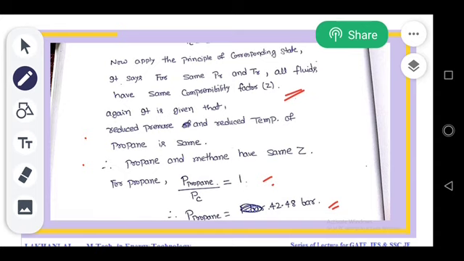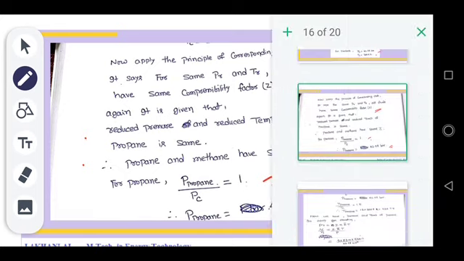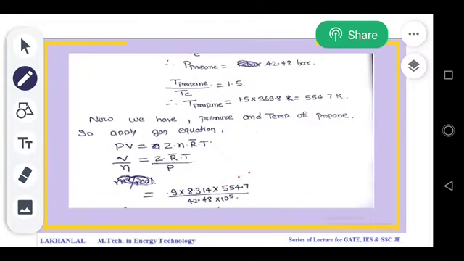So pressure of propane is equal to 42.48 bar, right? And temperature of propane divided by Tc is equal to 1.5. So temperature of propane is going to be something like this. Now we have the pressure of propane. Now we have temperature of propane.